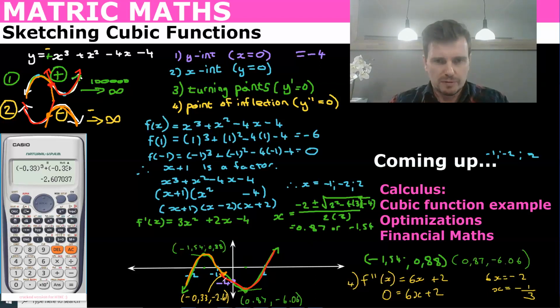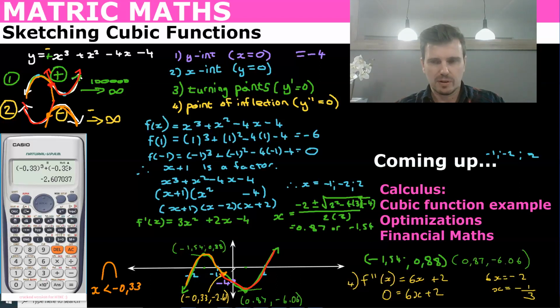Okay, so if they asked you, where is the graph concave down? That is where it's a sad face, and it stops being concave down at minus 0.33. It's concave down where x is less than negative 0.33.